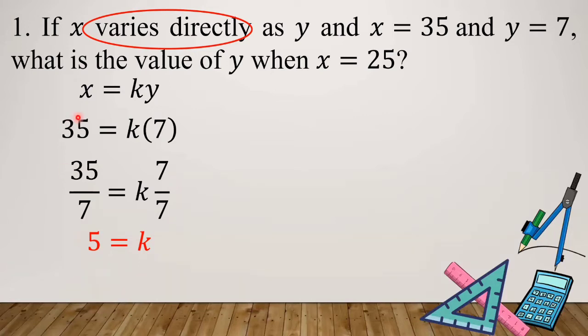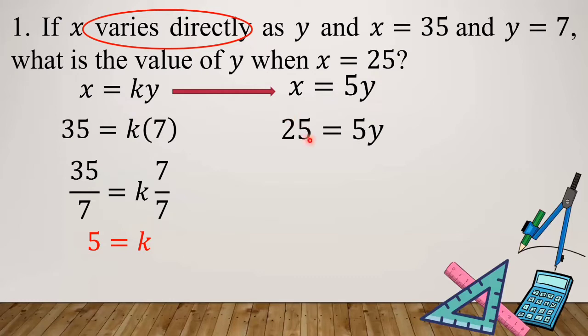Since the equation is x is equal to ky, and the constant of variation k is equal to 5, our equation of variation is x is equal to 5y. Then substitute the value of x, which is 25. It becomes 25 is equal to 5y. After that, divide both sides by 5. 25 divided by 5 is equal to 5.